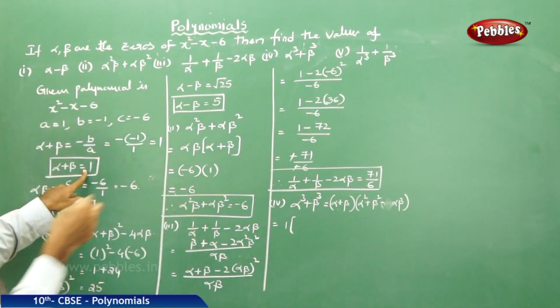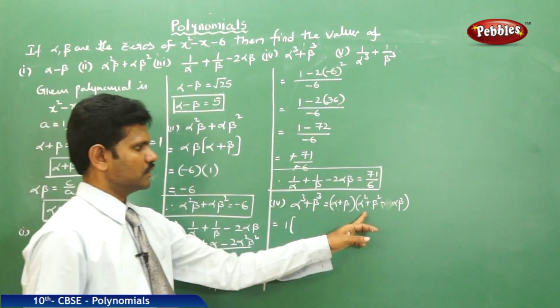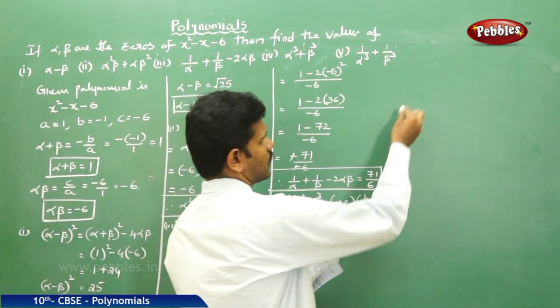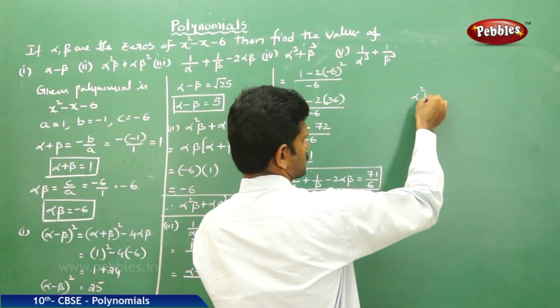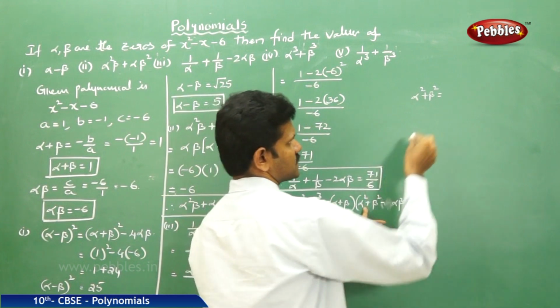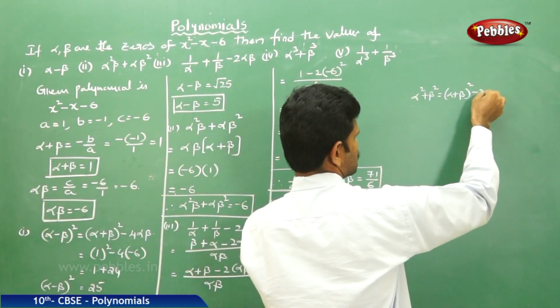Next, alpha square plus beta square value is not ready here. Now alpha square plus beta square is not ready, then we have to find out the value of this one first by using the formula. See here, alpha square plus beta square is equal to (alpha plus beta) whole square minus 2 alpha beta.